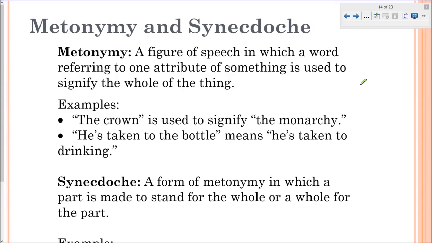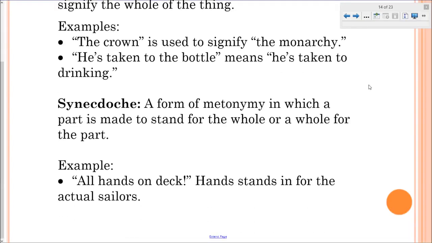And that moves us to synecdoche, which is a type of metonymy in which a part is made to stand for the whole or a whole for the part. And so that's pretty easy to understand, right? Because a part of a thing is, of course, going to be associated with it. And that's why synecdoche is a subset of metonymy. And our example here is all hands on deck.